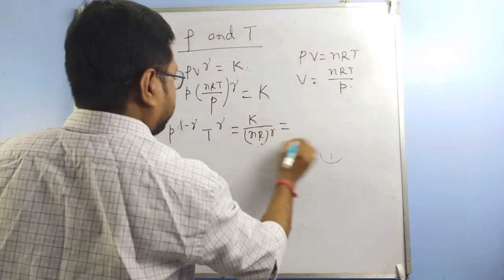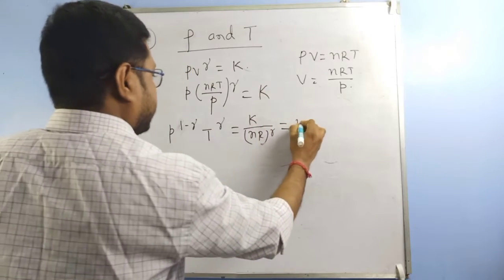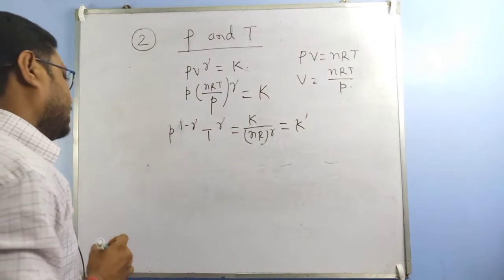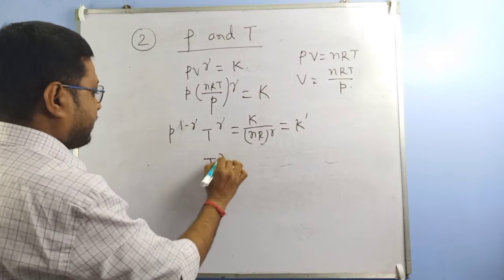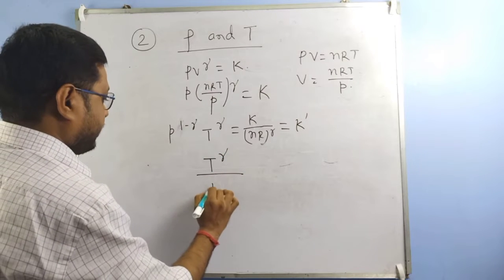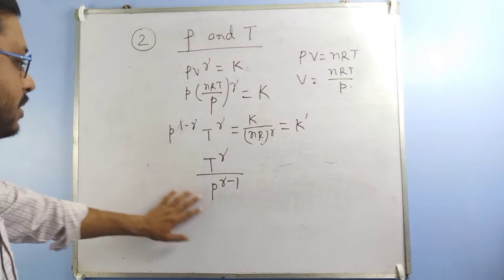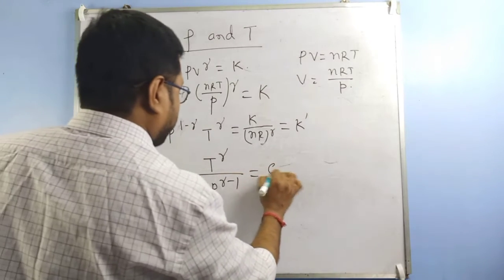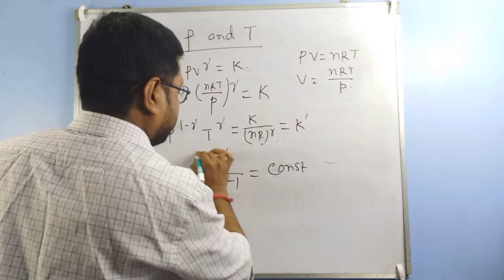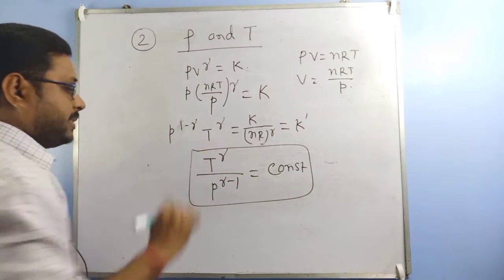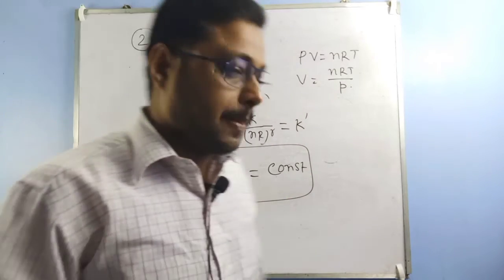This is a new constant, we can call it K dash. So T to the power gamma divided by P to the power gamma minus 1 (dividing reverses it) equal to constant. This is the relation between temperature and pressure for an adiabatic process.